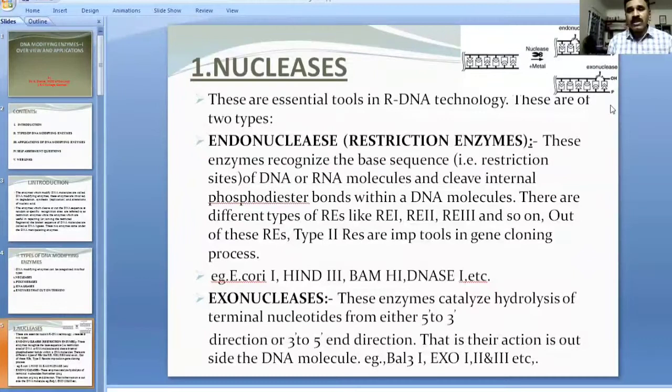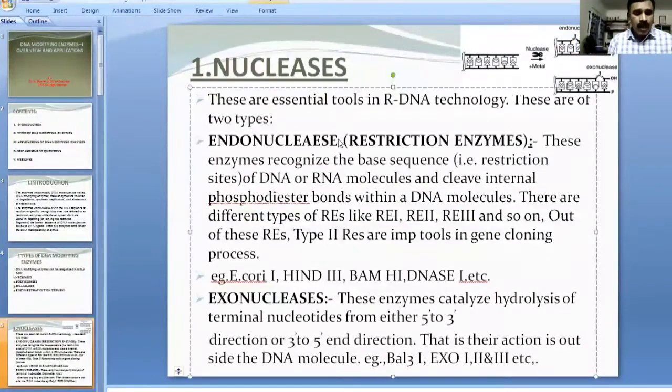What are the nucleases? These are very important and essential tools in rDNA technology or gene cloning. They are of two types. Number one, endonucleases, and number two, exonucleases.